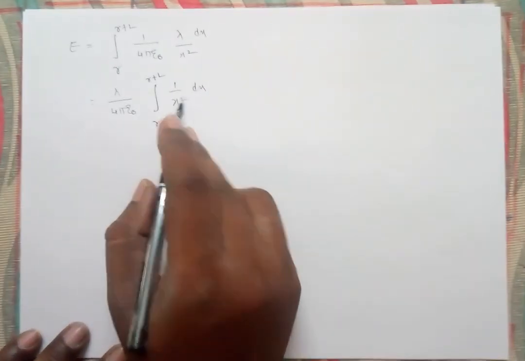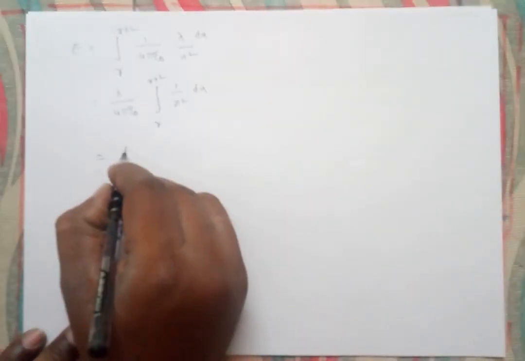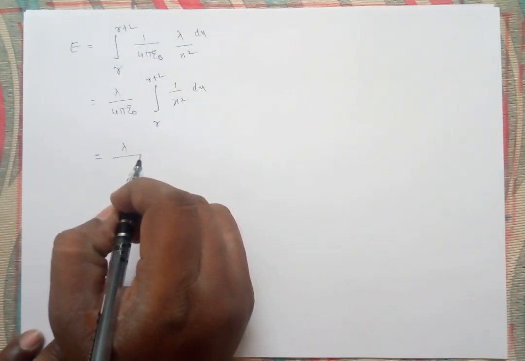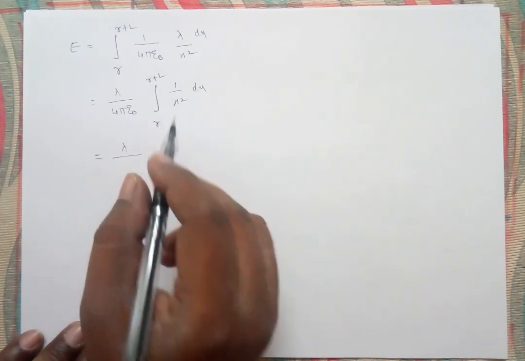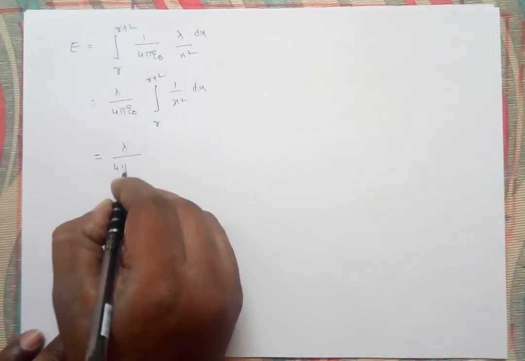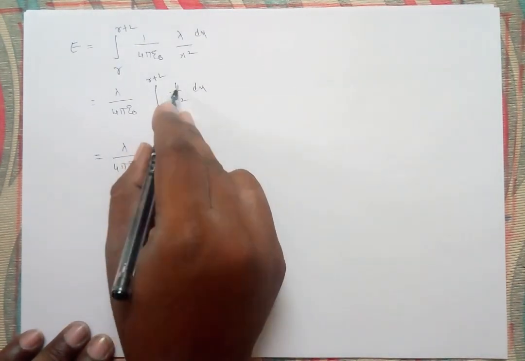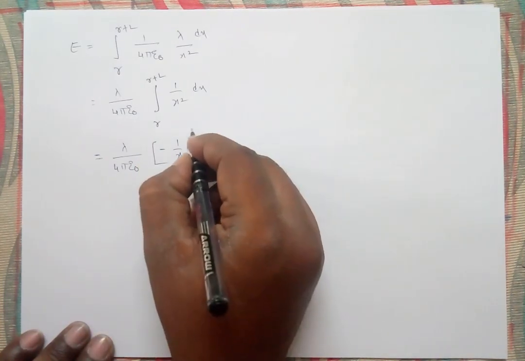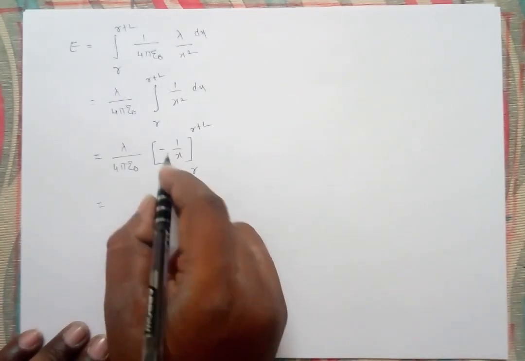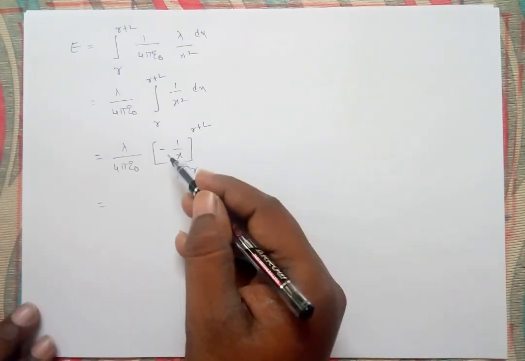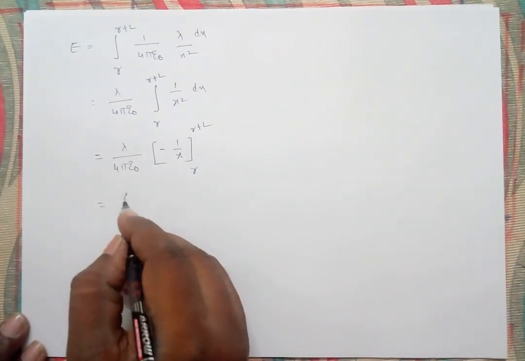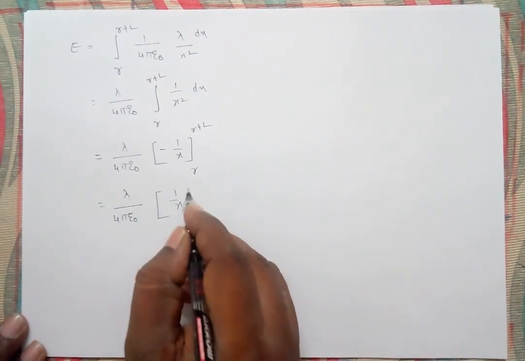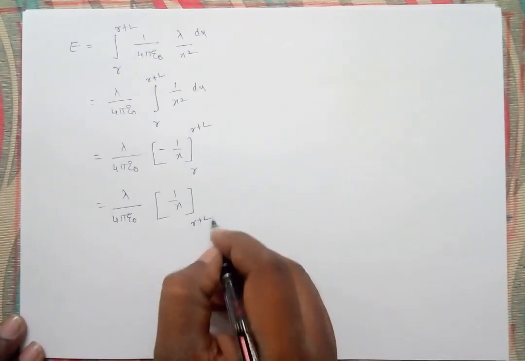The integral of 1 by x square is minus 1 by x, with limits from r to r plus L. If you reverse the limits, the minus will be eliminated. So lambda by 4 pi epsilon naught into 1 by x, with limits from r plus L to r.